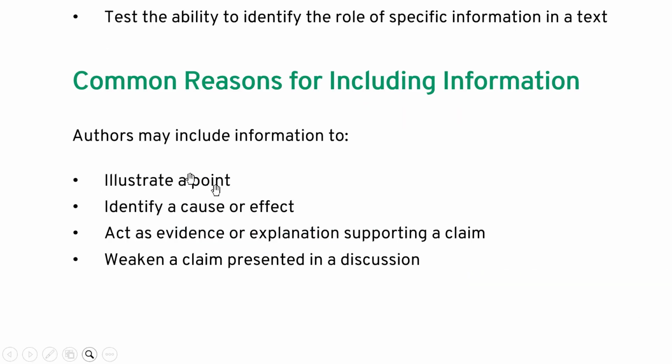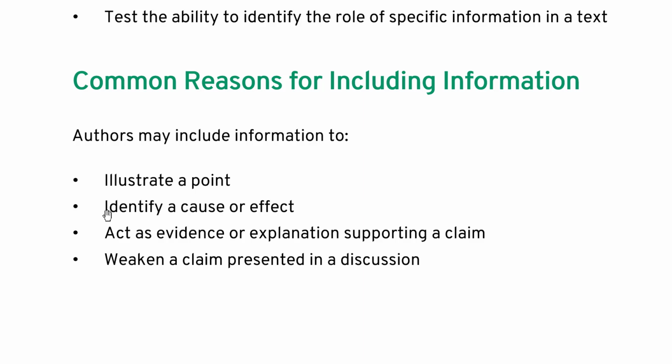So one of the important reasons the author states a specific piece of information is to illustrate a point, to give more elaboration or illustration on a point which is inside the text. That's the first thing.